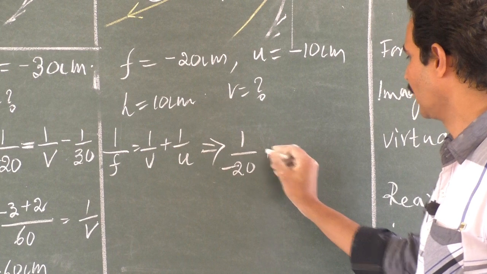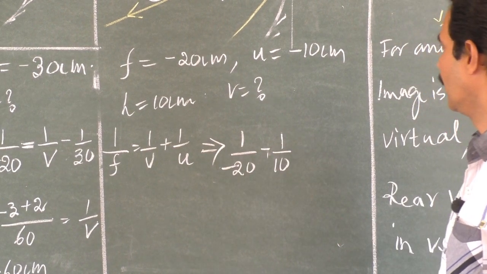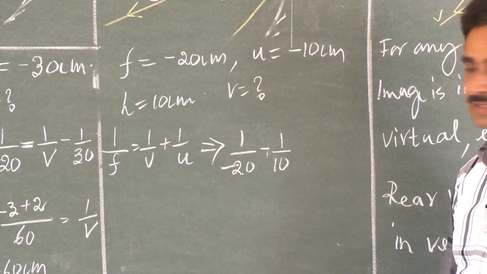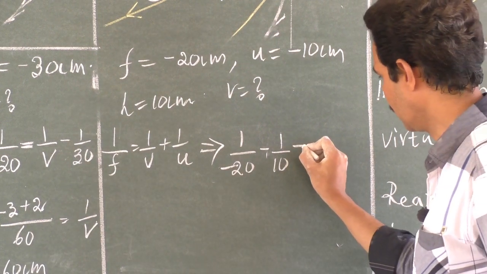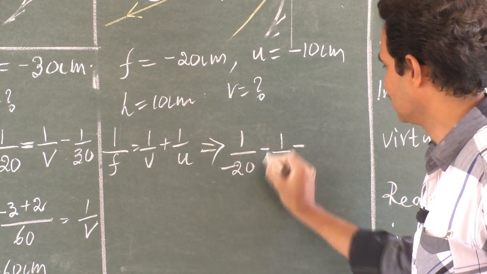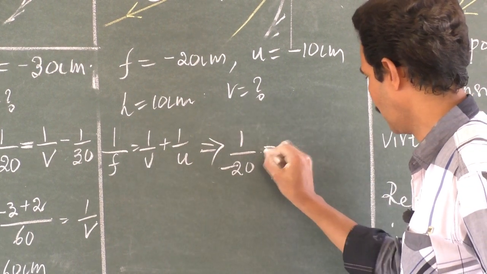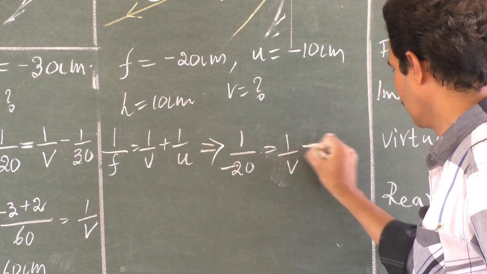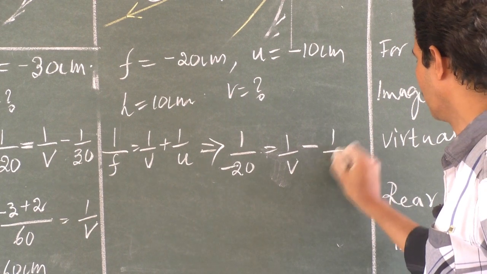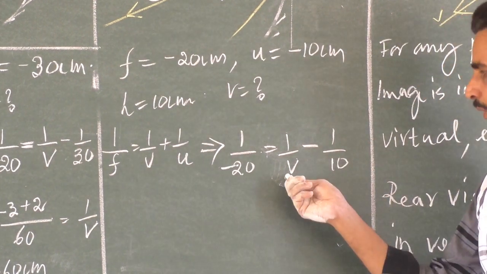U is also negative, so I'll put the negative sign here only: minus 10, which is within the focus. 1 by f is equal to 1 by v plus 1 by u. Yes, we don't know v.